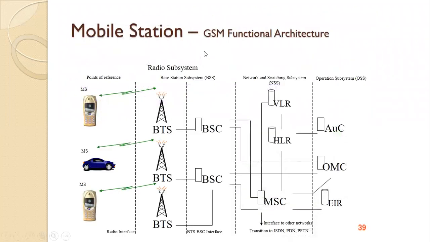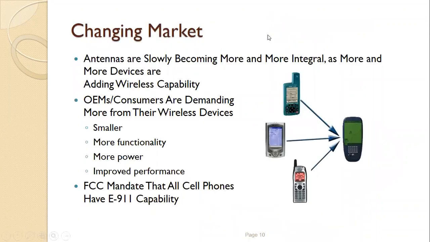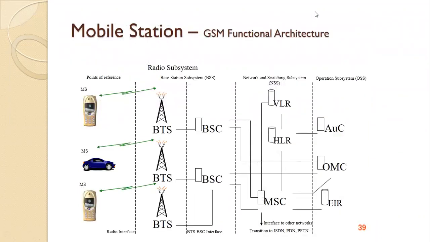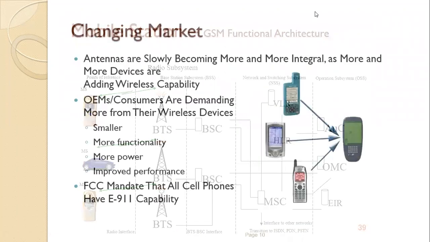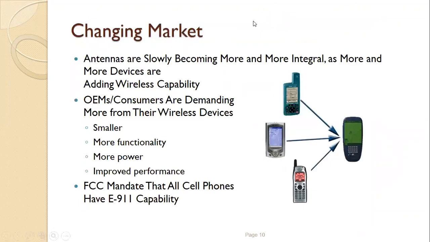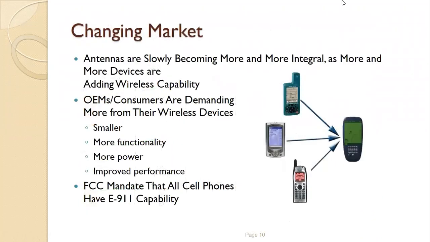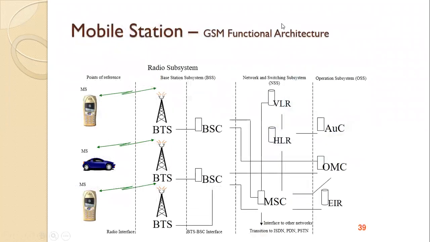This is an example for the previous slide. It's an example for the GSM functional architecture. All our phones work at GSM frequency. What is GSM? We call it the Global System for Mobile communication.